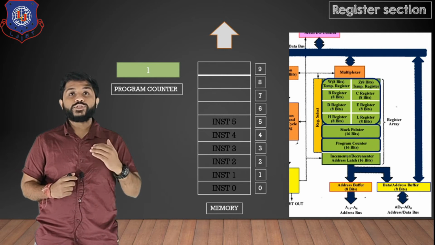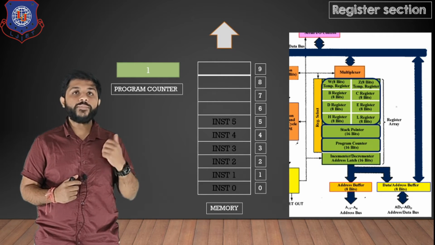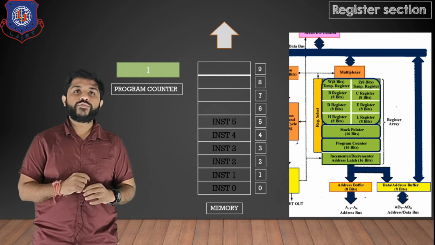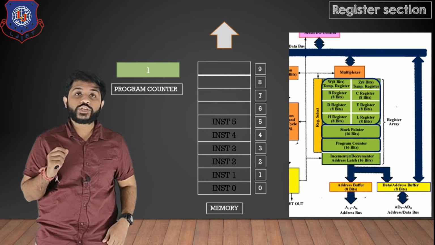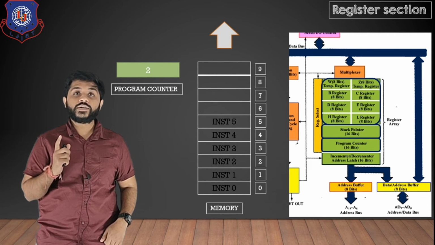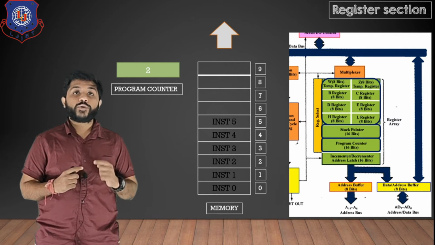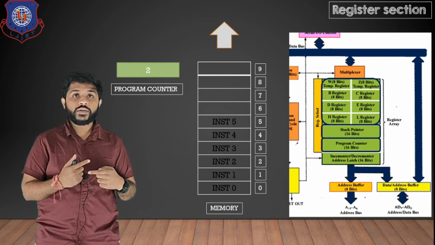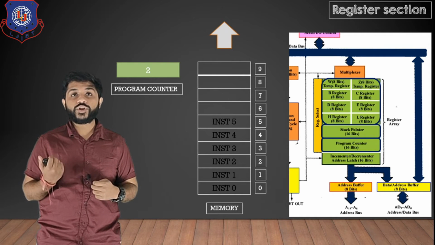So when the processor wants to read any instruction, it will see the value of the program counter. Right now the value of the program counter is 1. So the processor will fetch the instruction from memory location 1. After fetching the instruction, the value of the program counter will be incremented. The processor will decode instruction 1 and execute it, and next time it will fetch the instruction from which location?